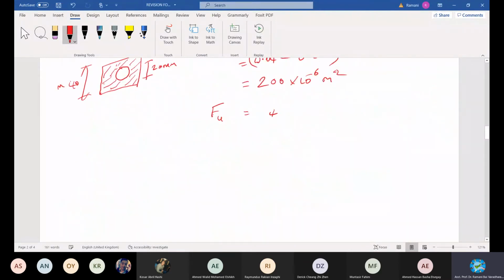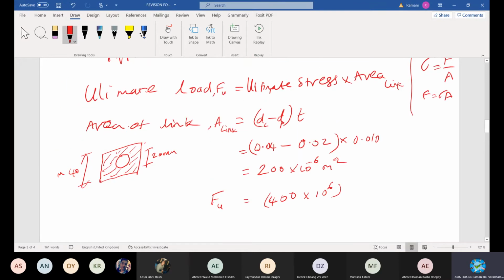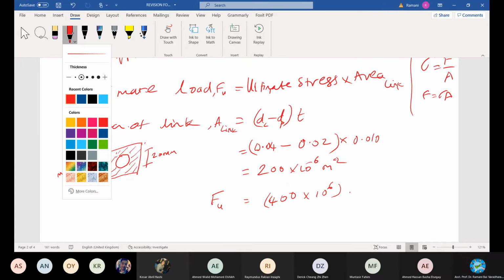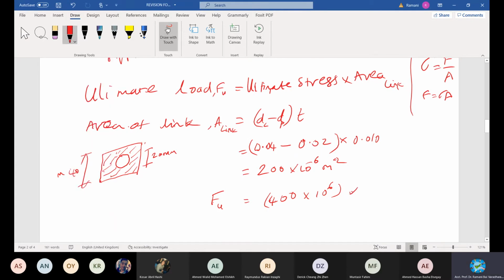Let's convert into pascals. This is pascal times the area. How much is the area we found out? 200 into 10 power minus 6.